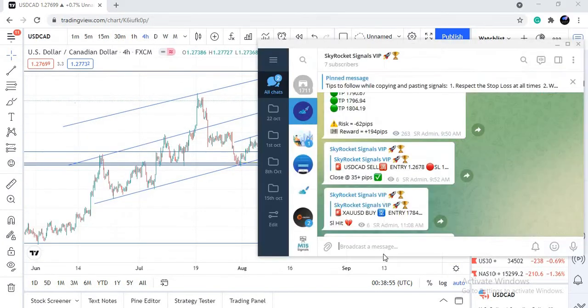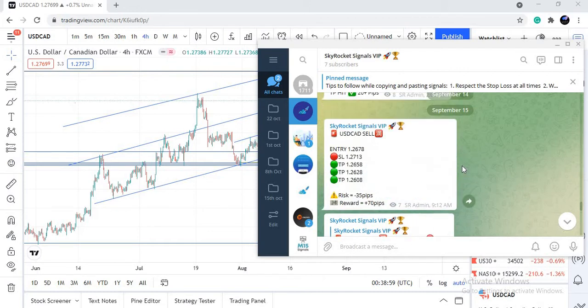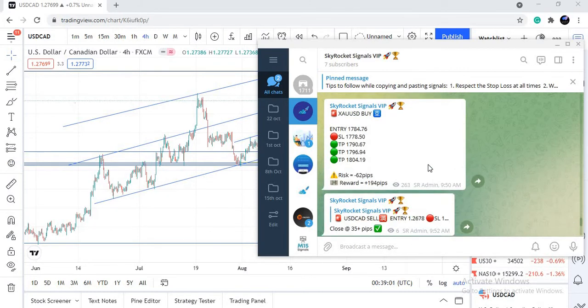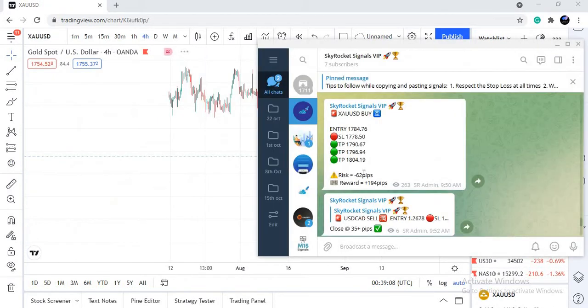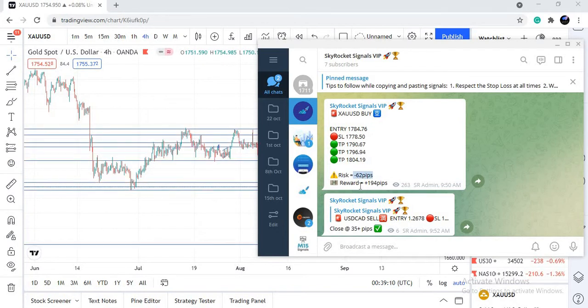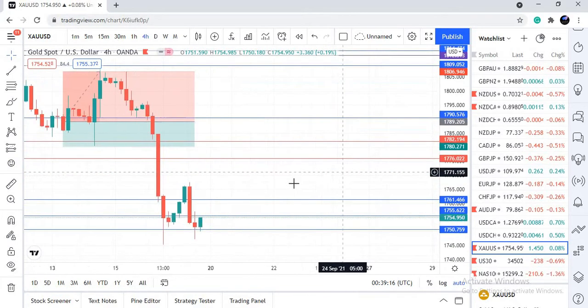So the next pair that we placed a trade on was the gold pair. There's the XAU USD, and okay, let's check our chart. And we set about 62 pips risk and 195 pips reward. Unfortunately for us, the gold didn't move in our favor.